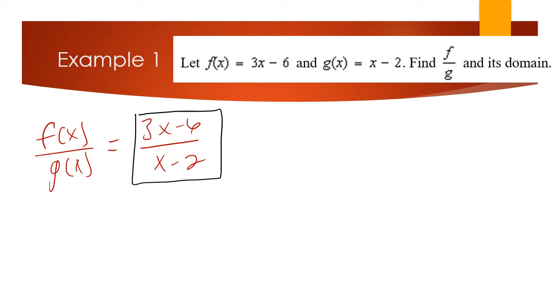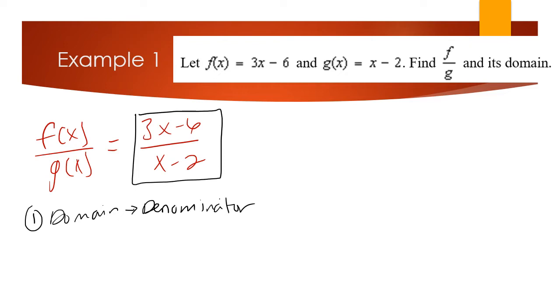Now there's a couple things that we're going to do before saying we're done with the division. We're going to analyze the domain. So to analyze the domain, we're going to use the denominator. The reason is that our denominator cannot equal 0.